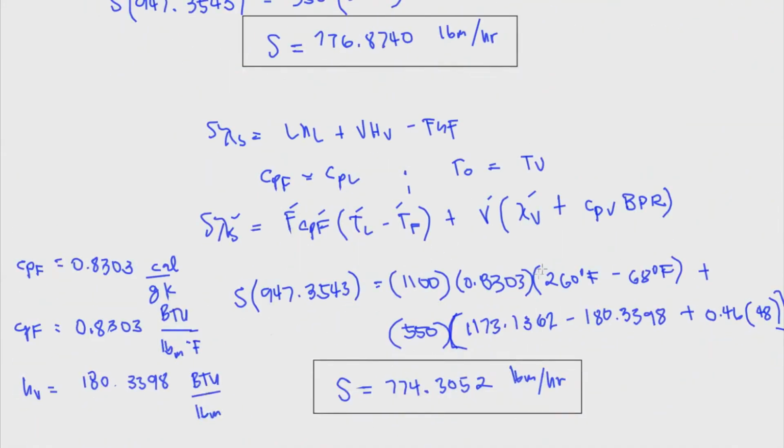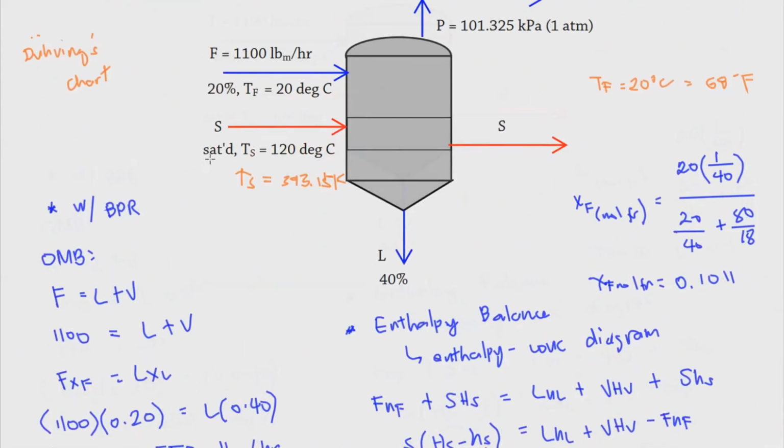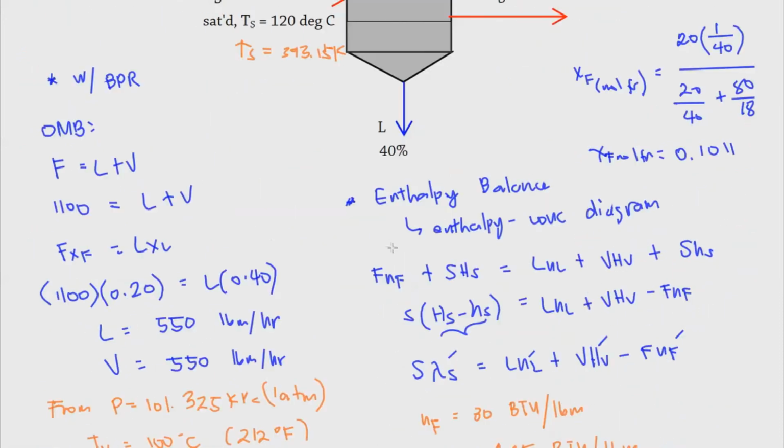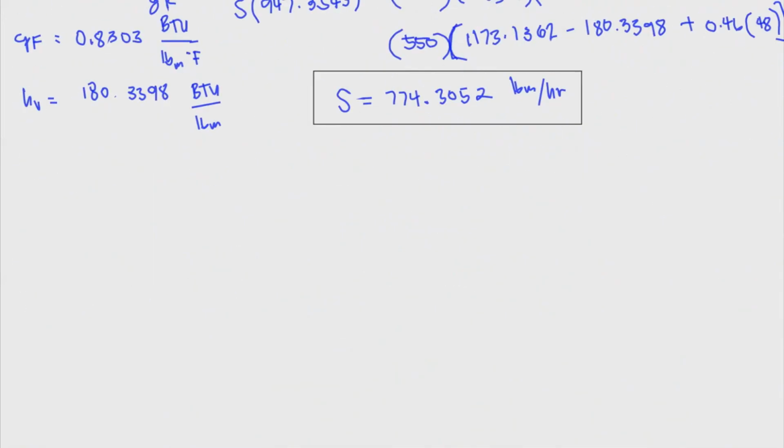But we already proved that we will just get the same answer. And now let's talk about the next question. We have to determine the power requirement, and power requirement is kind of easy to determine. You just have to find your Q.